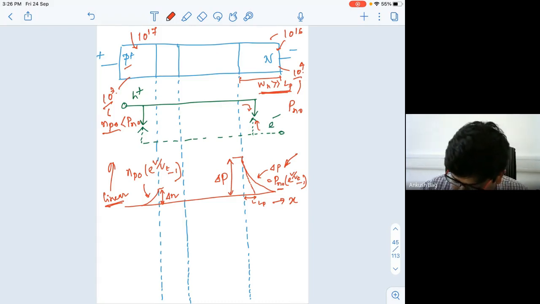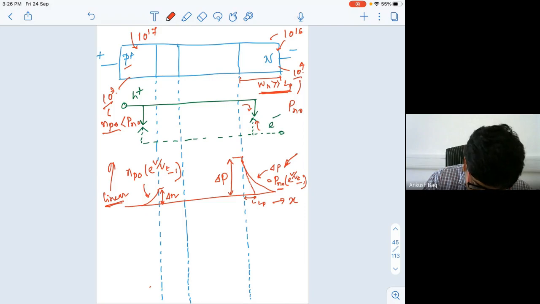Okay, sorry. So since this is an exponential equation, to derive the current equation we need to take the derivative. The derivative of an exponential equation will be another exponential equation. So then our current equation will look like this, for the hole distribution in this N side.